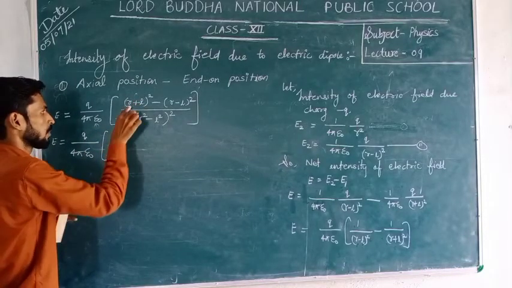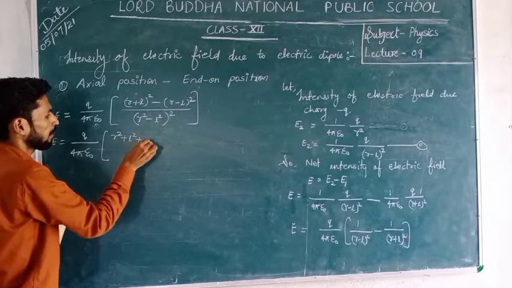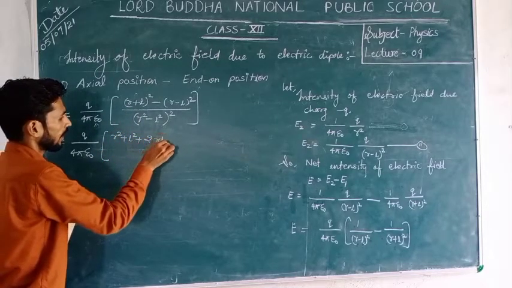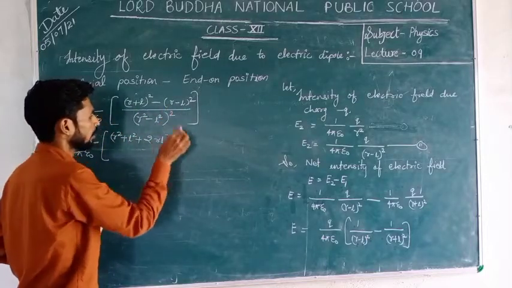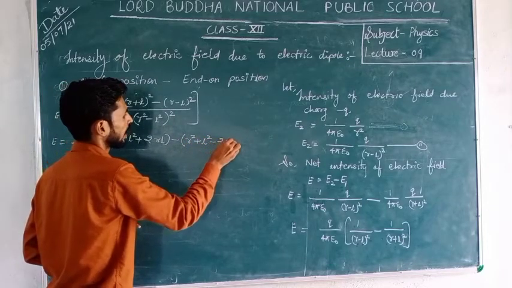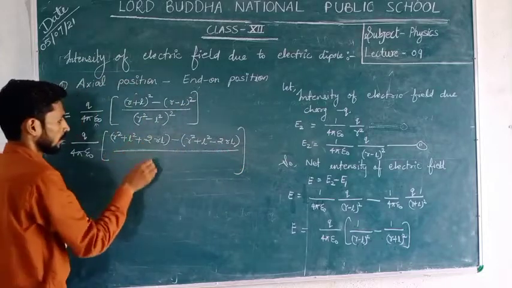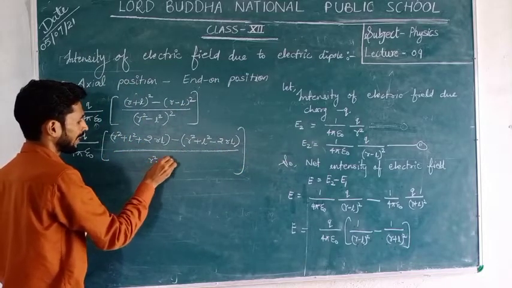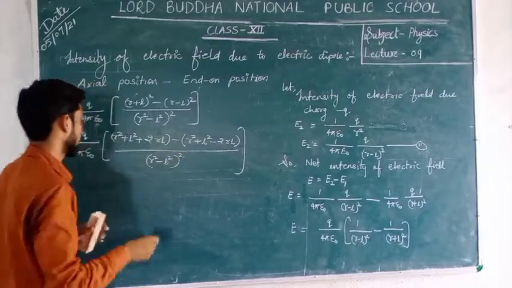in this bracket, r square plus l square plus 2rl, and in the next bracket r square plus l square minus 2rl, and in the denominator r square minus l square whole square.